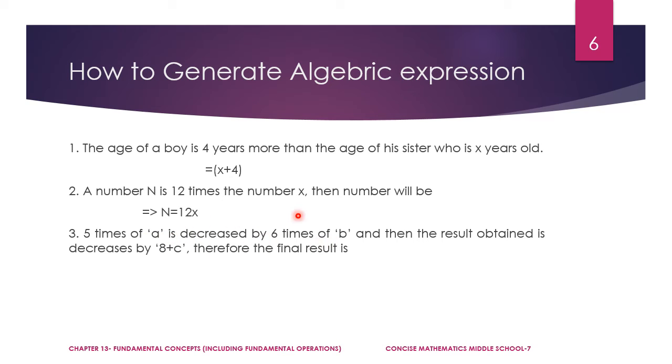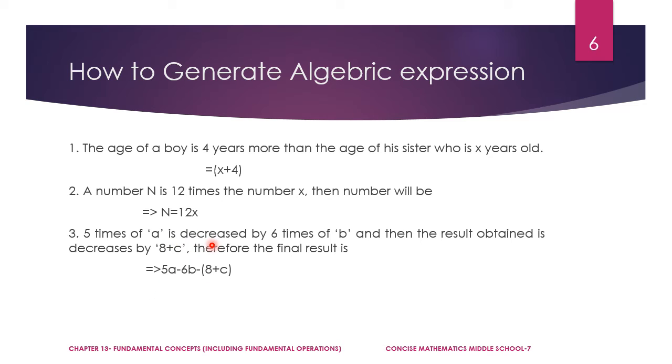So here we got an algebraic expression, and the result obtained after performing this operation is decreased by 8 plus c. Decreased means it should be minus. So the answer will be 5a minus 6b, minus 8 plus c.